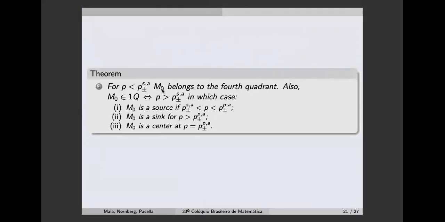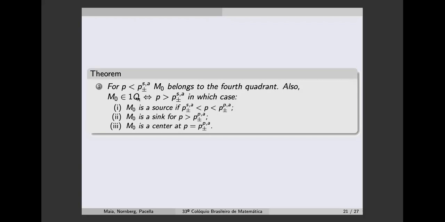What happens to the fourth stationary point? It depends on the P. If P is less than PSA, M0 belongs to the fourth quadrant and it doesn't correspond to positive solutions. So we are not going to be interested in this situation.